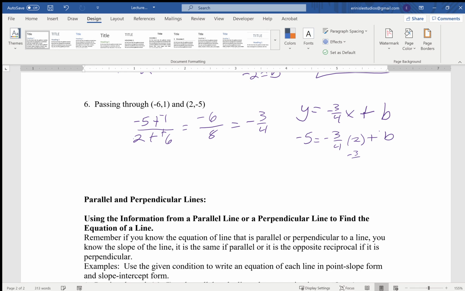This becomes a negative 30 over 2. So we're going to add 3 over 2. Oh, for some reason I wrote 4. 3 over 2. Add that to a negative 5. You should get negative 3.5. So that should be negative 3.5.